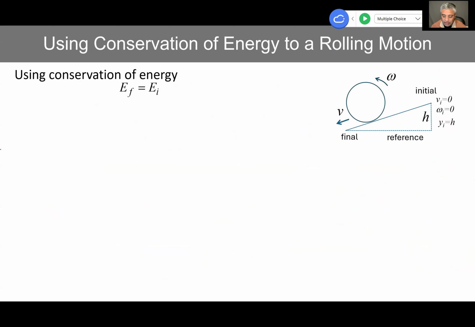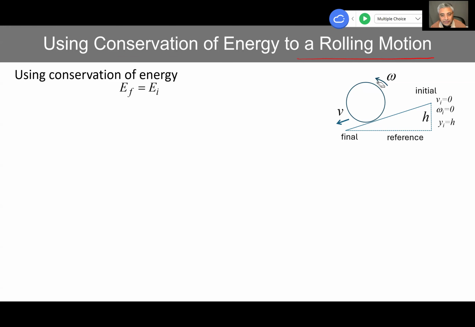With that, now let's learn how to use conservation of energy, okay? Using conservation of energy for our rolling motion, or we can simply say for rotational motion. Rolling has both translational and rotational, but we can have just rotational. We can use the same idea for an object that's just rotating as well.